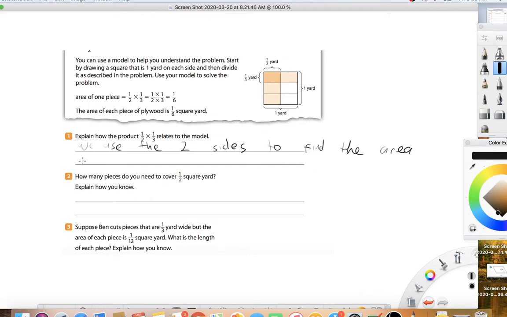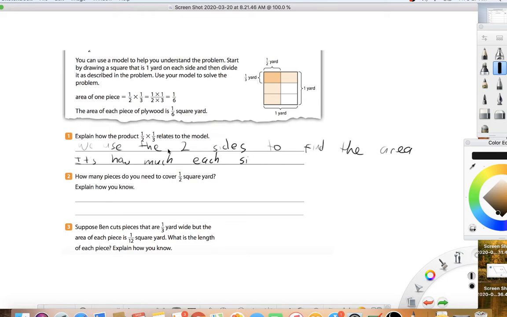You can also say that it's how much each side measures. So either one of those two could be the correct answer. It's just asking because it wants to see if you know how much each side is long or wide.